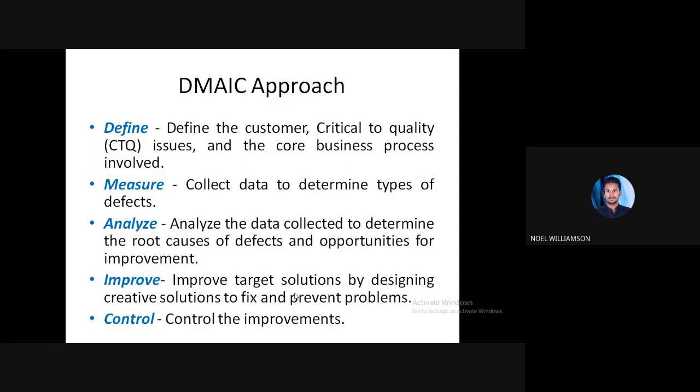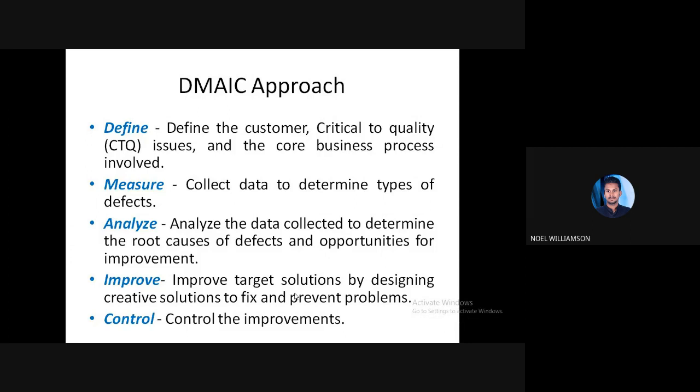It was introduced by one engineer, Bill Smith, who was working in Motorola itself. Later the General Electric company continued the process and standardized the methodology, so this is also known as the General Electric approach.